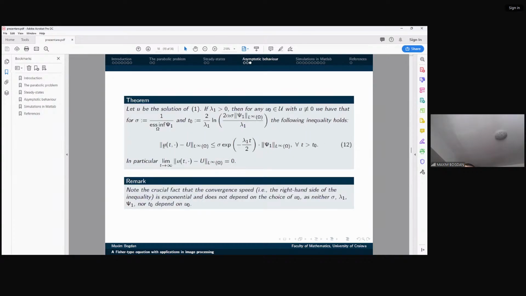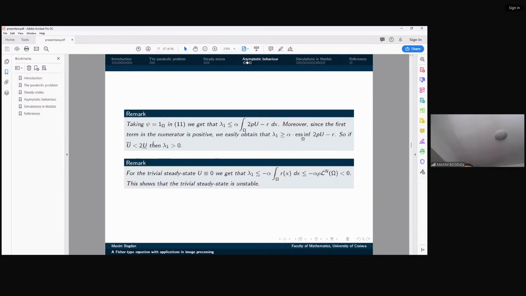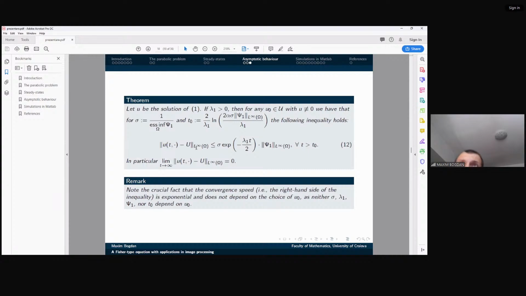So we have that, but only if the principal eigenvalue is positive, and I provide here a situation when it is. It is easy to remark that in such a case, our solution is approaching the steady state, and it's approaching it very quickly because we have here a negative exponential.